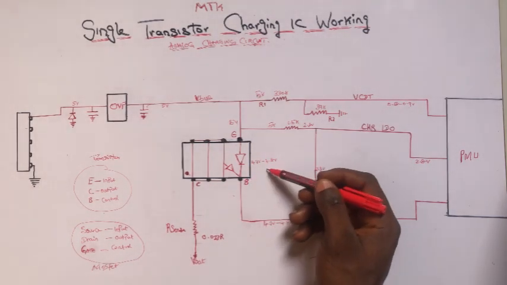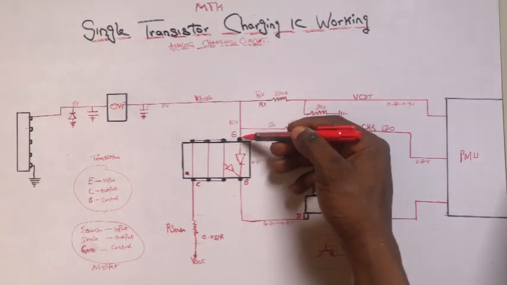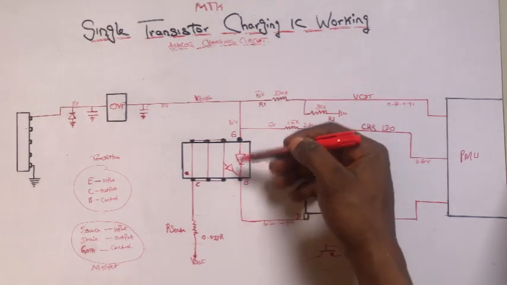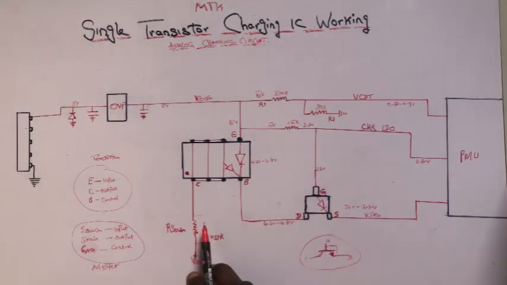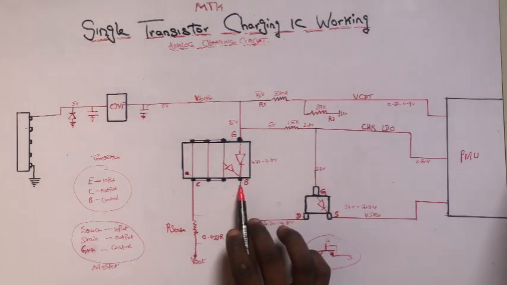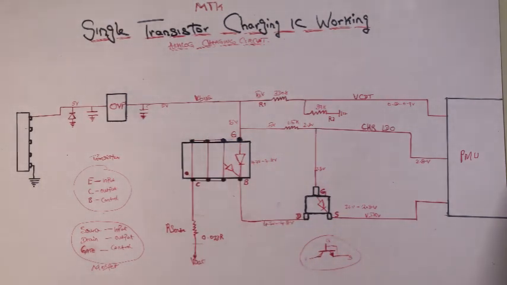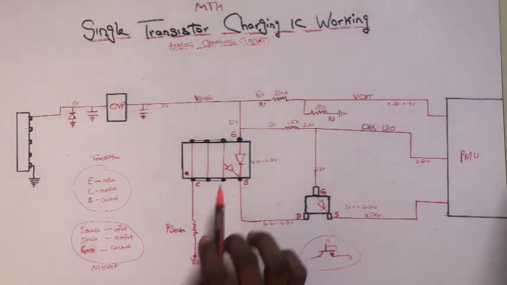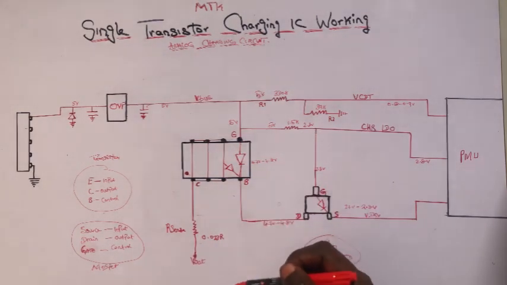Why? Because before this 5 volts travels down to this pin, it will step it down, it will give you 4.8 volts. So if you don't get this 4.8 volts on this line, you have to change this transistor. The 4.8 volts is not coming from this MOSFET, rather it is coming from this transistor and from this line.